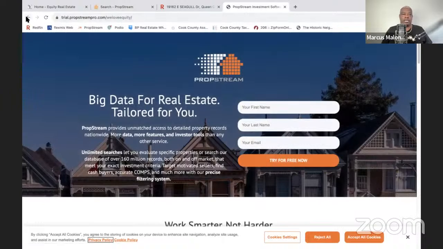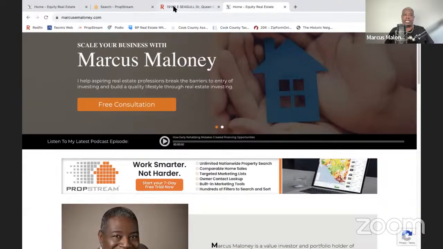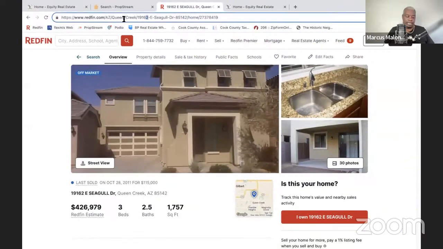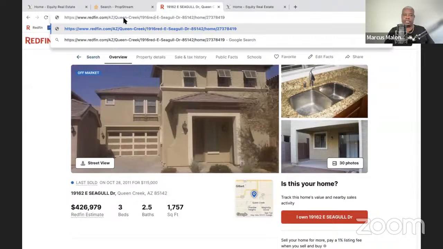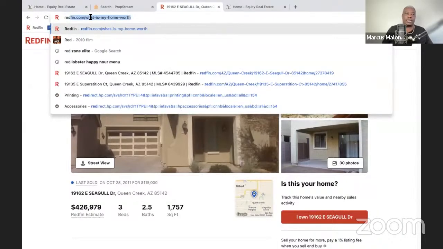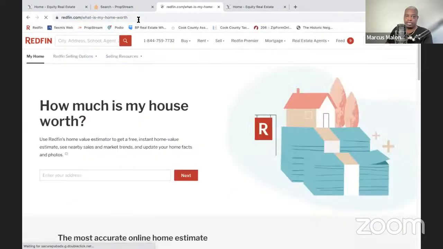And then you also have completely free Redfin. Let me clear it out so you can see. Redfin.com/what's-my-home-worth. Just click on that, it'll take you to this page, enter the address there, and it'll give you all the details.